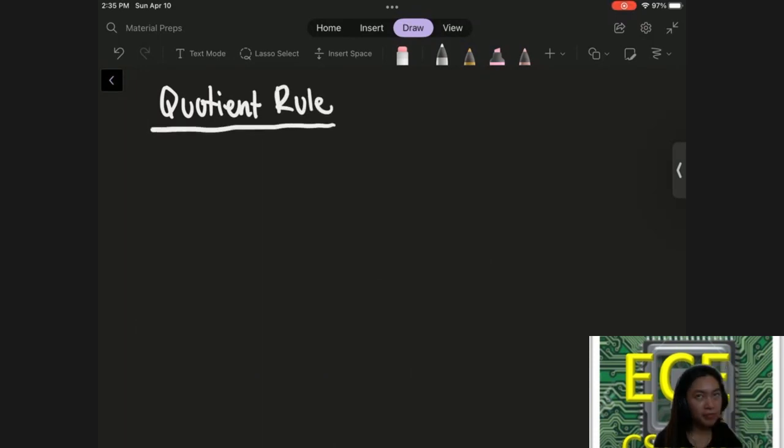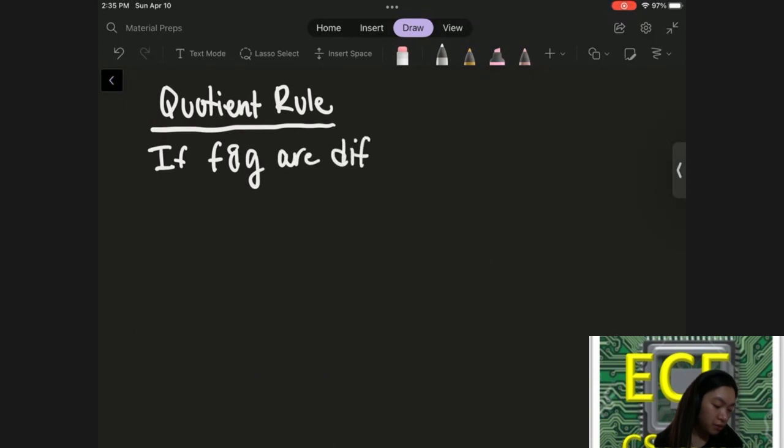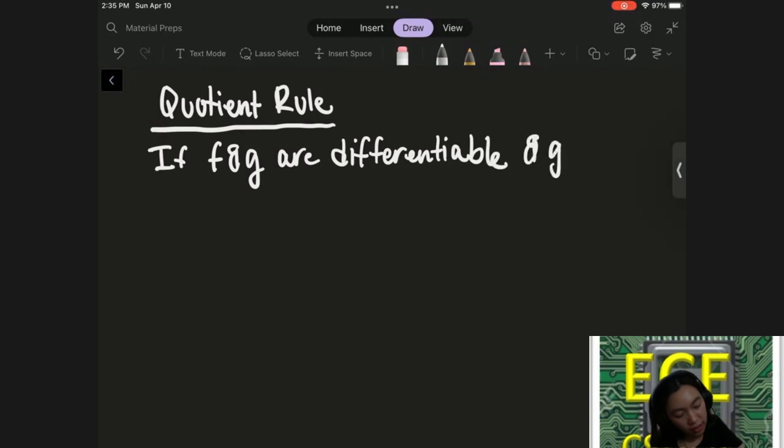So, again, if you have two functions, f and g, they have to be differentiable. That's how you spell it, right? Oh, yeah. Differentiable. And g of x does not equal 0 because you can't have a 0 in the denominator.